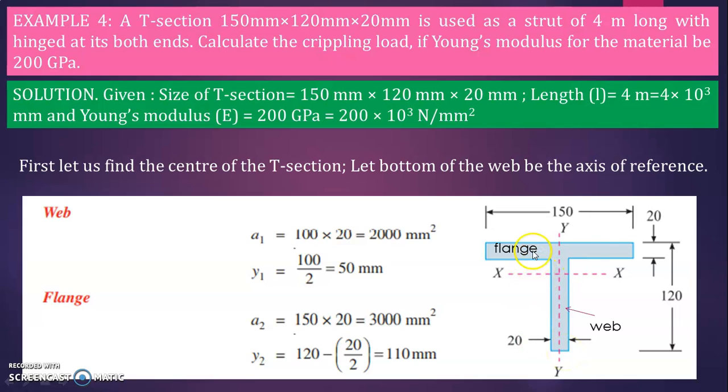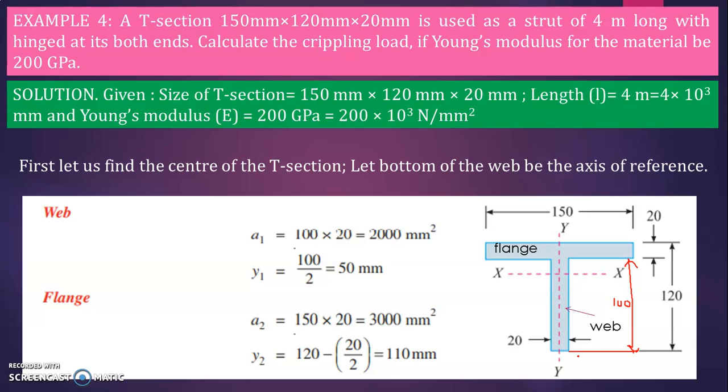So flange size is 150 into 20, and web size, from here to here, is 100 into 20, that is the total 120 minus 20, which is 100. First you have to find the position of the neutral axis.